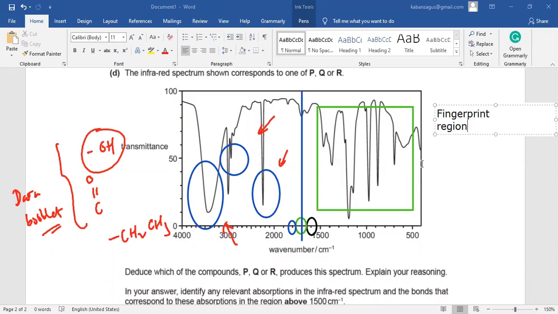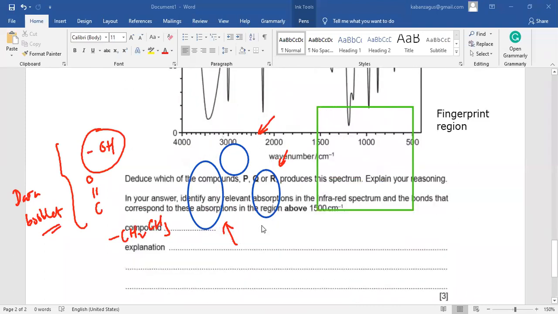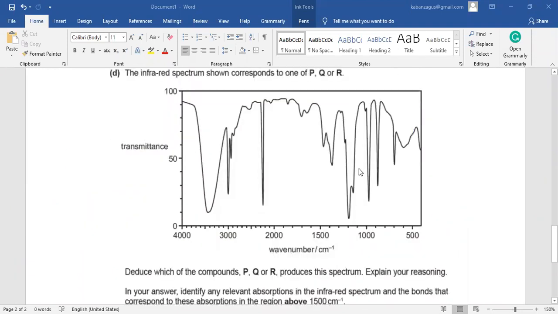Because this fingerprint region will give you so many overlapping functional groups that are not really significant with our structure. Having said that, we can check what are the functional groups located in this wave number. All right. And then later on we will check with the spectrum.